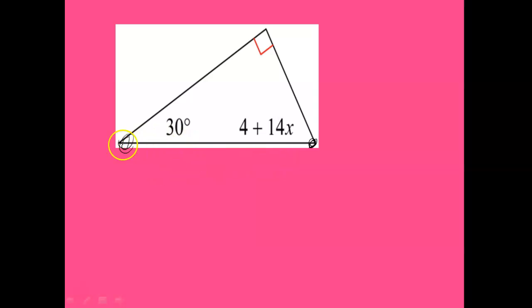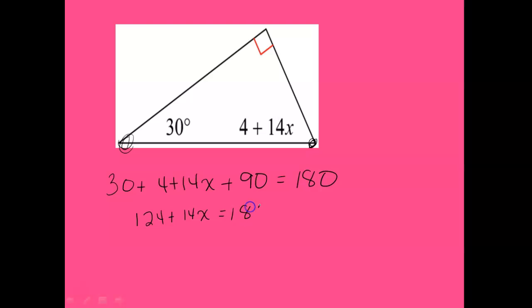But let's work it the way I just covered on the last screen. 30 plus 4 plus 14x plus 90 equals 180. The angles of a triangle add up to equal 180. 30 plus 4 plus 90 is 124. Plus 14x equals 180.